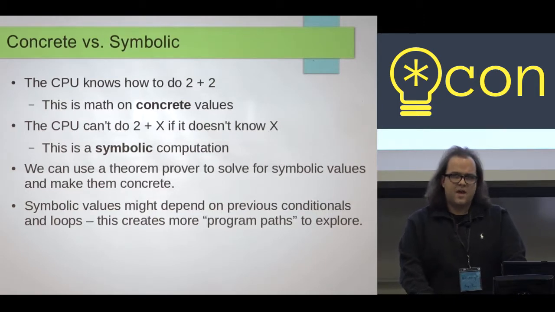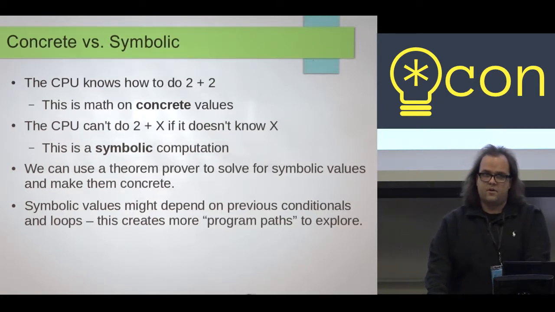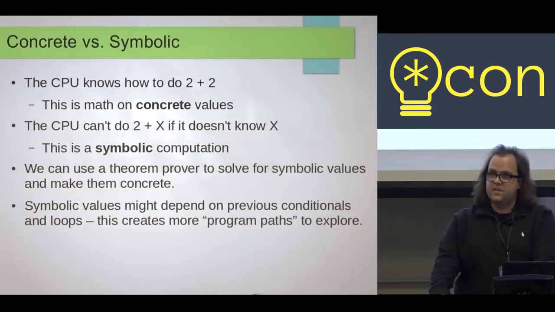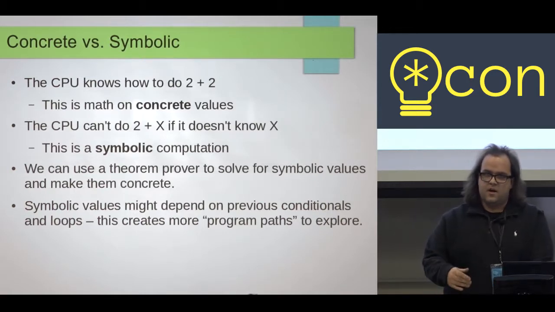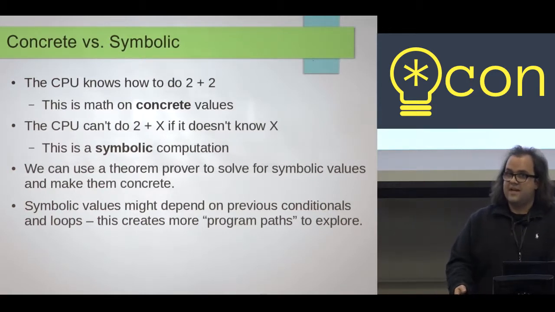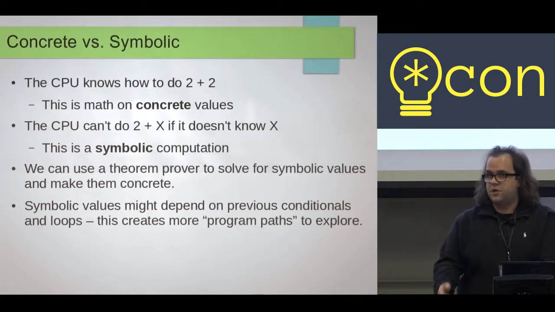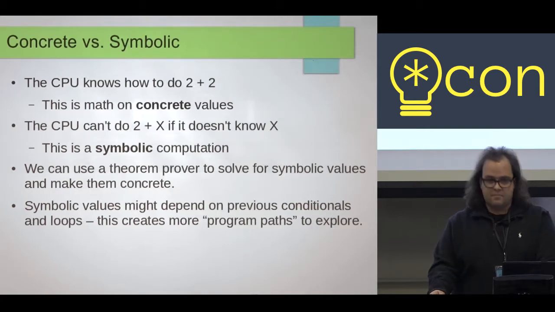Now, if we had a way of carrying around these symbolic values and simulating these operations without getting the CPU involved, we could maybe use a theorem prover to solve for the symbolic values and make them concrete. What we're doing there is essentially using a program like Z3 to evaluate a bunch of logical formulas and find out whether a particular value can end up activating a certain program path or not.